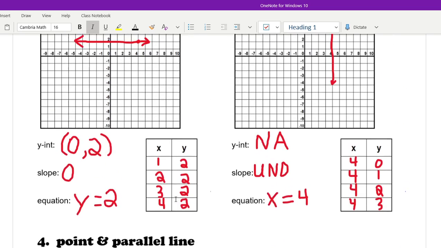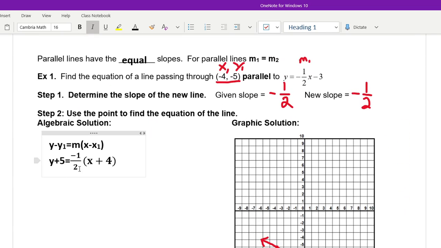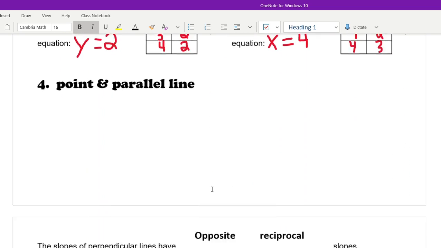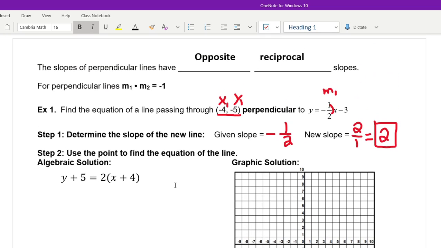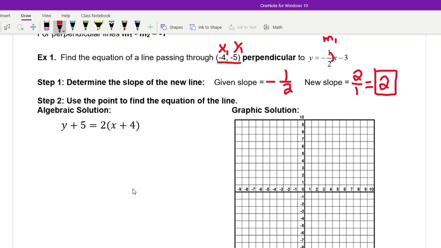So this is the same step as earlier for our parallel, but this time we did not use the parallel slope. We used the perpendicular, the opposite reciprocal. We could do the same thing on the graph. We go to -4, -5, place our point. Now this time, we go up 2 over 1.